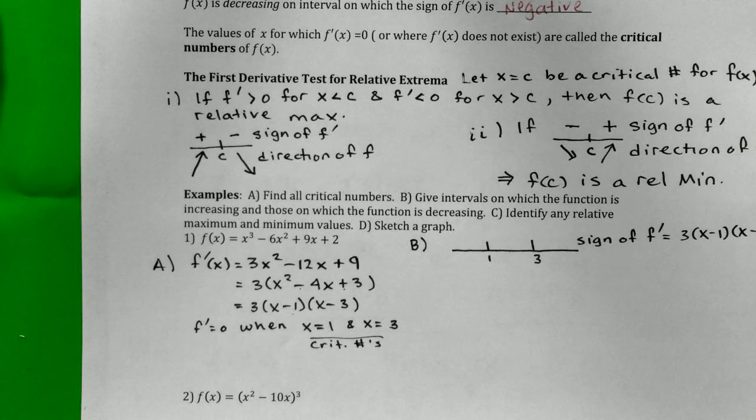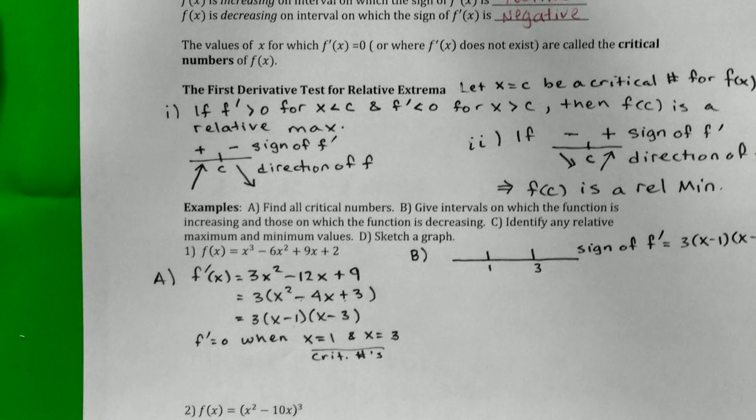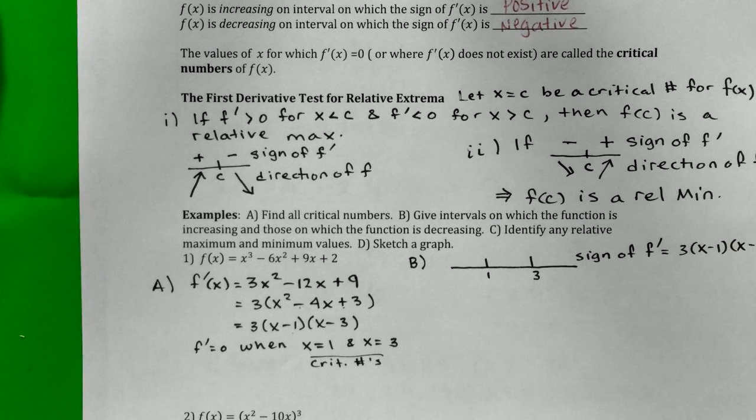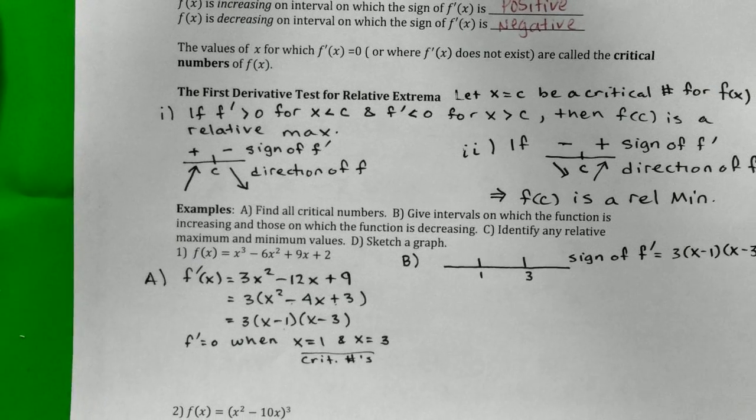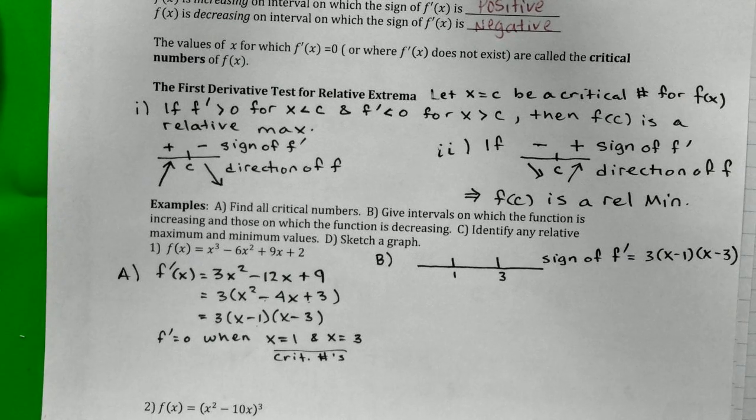That's a pesky little thing right there in the way. Pick a number in each interval, plug it into each factor, decide whether the factors are positive or negative, and then that should make your decision on the sign of the derivative.